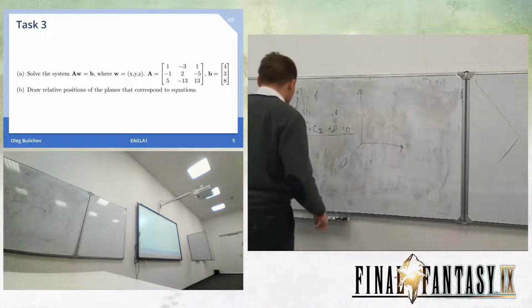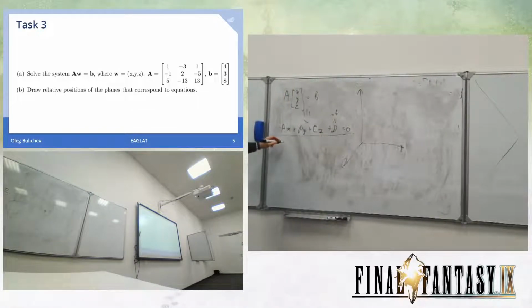So in sections, when we make it like x over something, y over something, z over something, equal to 1. Actually, we need to divide by d, and we will receive that it will be a over d, b over d, c over d.